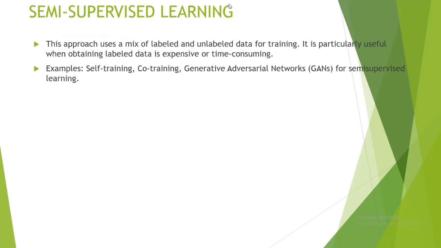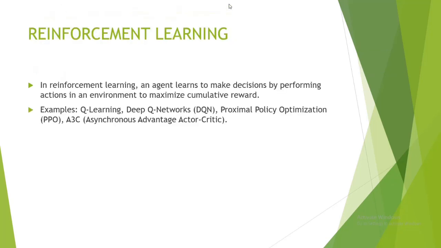And next one is semi-supervised learning. Semi-supervised learning is a mix of labeled and unlabeled data for training. It is particularly useful when obtaining labeled data is expensive or time consuming. Self-training, co-training, and generative adversarial networks for semi-supervised learning are examples. And next one is reinforcement learning.